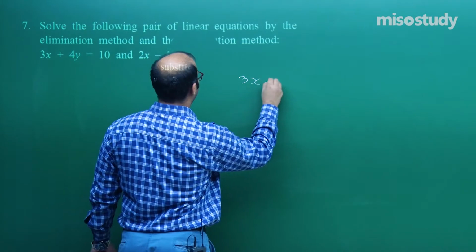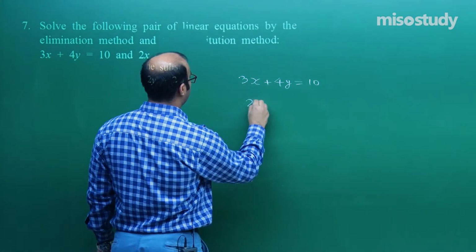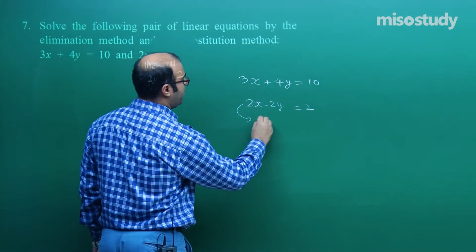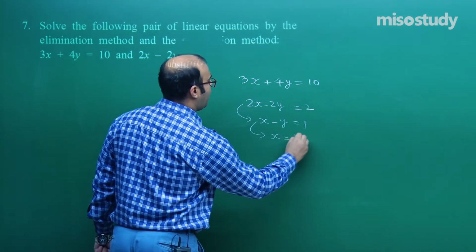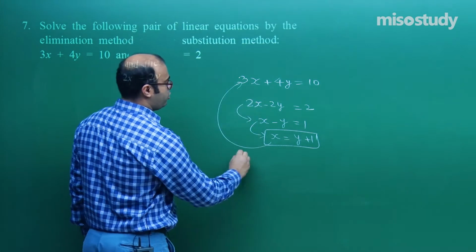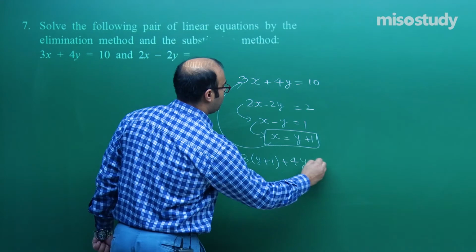So the equations are 3x plus 4y is equal to 10 and 2x minus 2y is equal to 2. So this equation can be written as x minus y is equal to 1. This can be written as x is equal to y plus 1. Let us substitute this value of x here. So this will become 3 of (y plus 1) plus 4y is equal to 10.